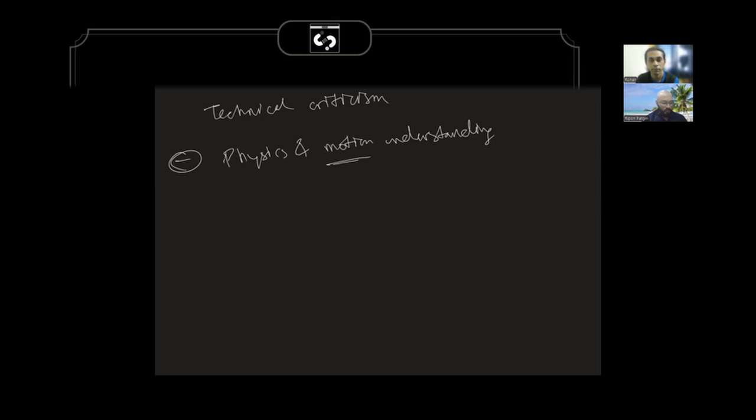Then the second point would be about temporal consistency. Temporal consistency basically means consistency with time. It still does not have the ability to remain consistent as the video goes on. For example, suppose a person is in a video for one frame, goes out for another frame, and comes back in another frame.